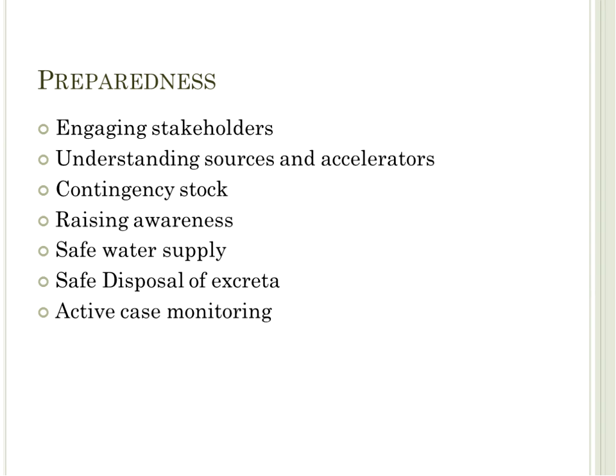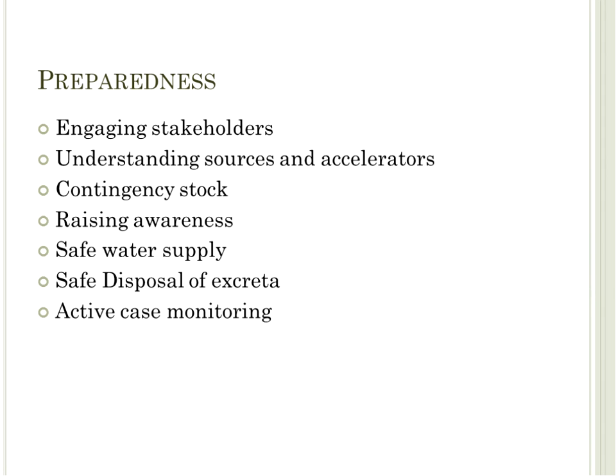Okay, perfect. So talking about preparedness, things that you want to implement are engaging stakeholders, primarily the Ministry of Health, other partners, other NGOs, and you want to collaborate and think of ways in which you can all respond to the epidemic together. You want to understand sources and accelerators that would cause an increase in patients that have cholera.